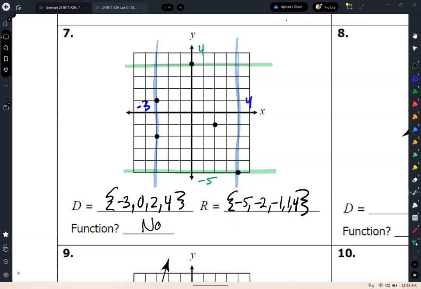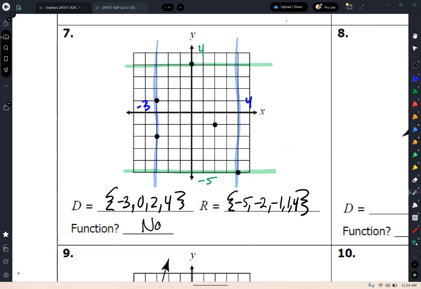But this is not a continuous graph. This is a discrete graph because it's just these individual points, and then it does not pass the vertical line test, so it is not a function. So if the graph's discrete, you have to use that certain method, because we're talking about only this point and only this point and only this point, and not a stretch of things in between those points.